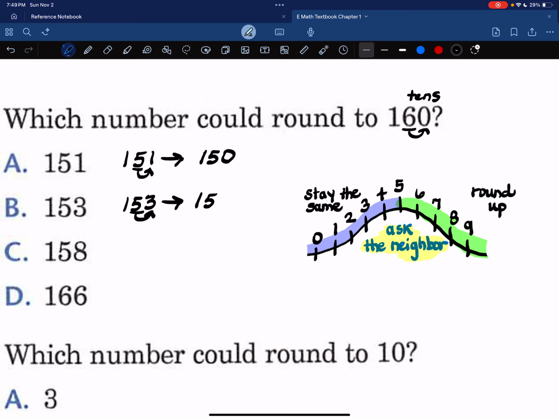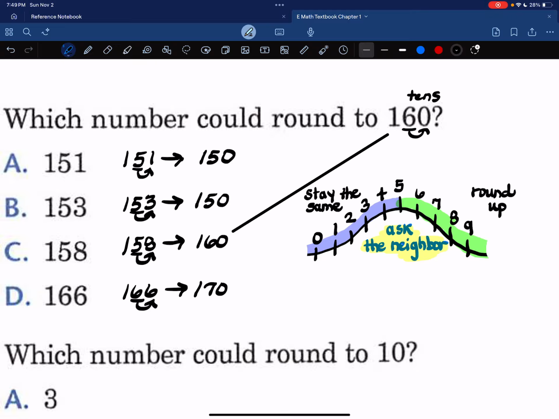You stay the same. 158. The neighbor says round up this time. And then 166. The neighbor says round up this time. So that one would go to 170. The one we're looking for is 160. So I like C on this one.